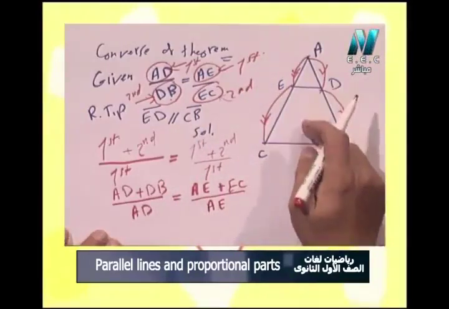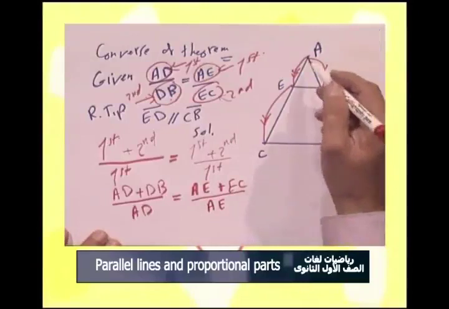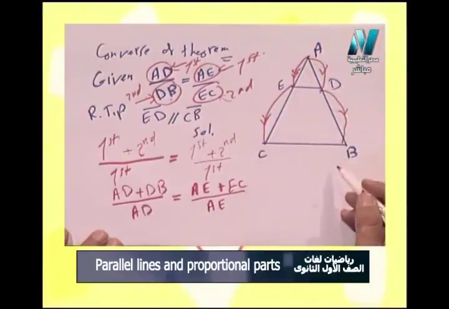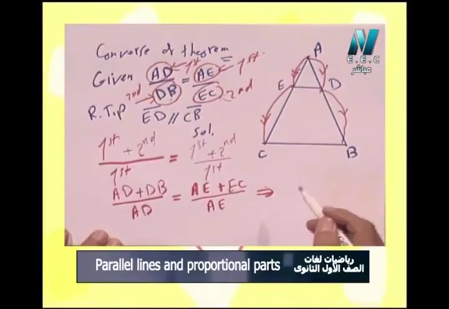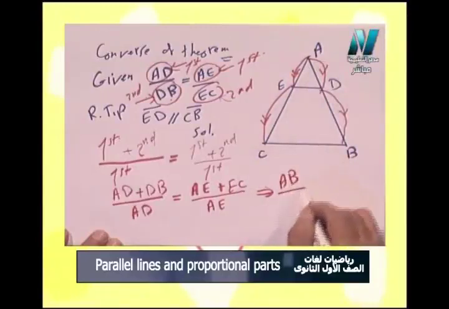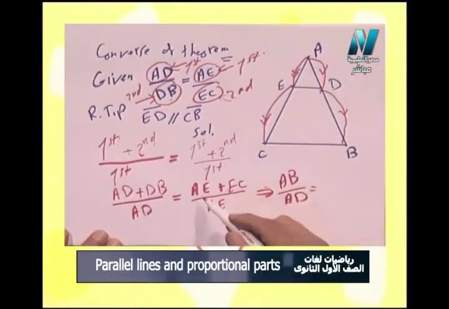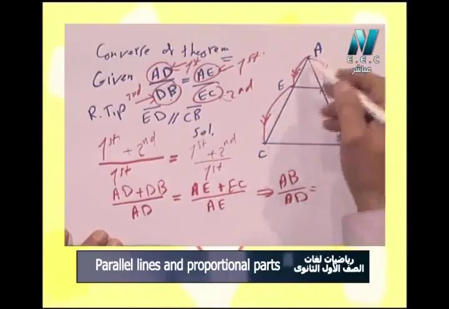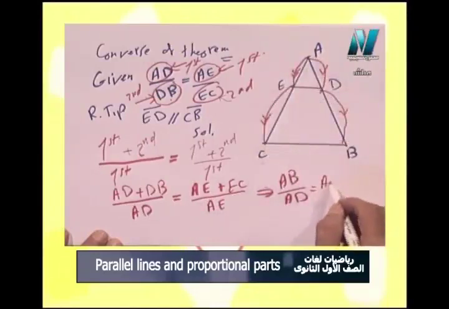Look carefully at this figure. AD plus DB will be equal what? Of course, AD plus DB equals AB over AD itself, and we have AE plus EC, which is, of course, AC over AE.